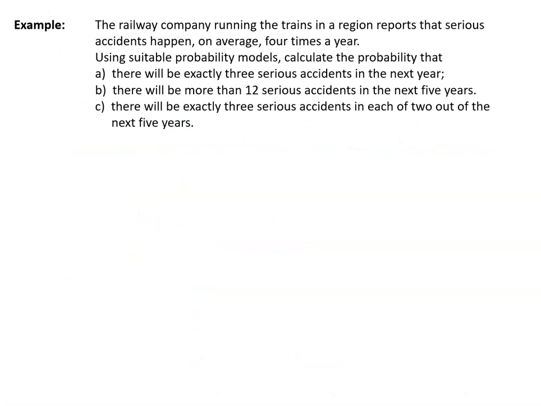Next example, I've got a railway company running the trains in a region that reports that serious accidents happen on average 4 times a year. Using suitable probability models, calculate the probability that, first of all, there will be exactly 3 serious accidents in the next year.